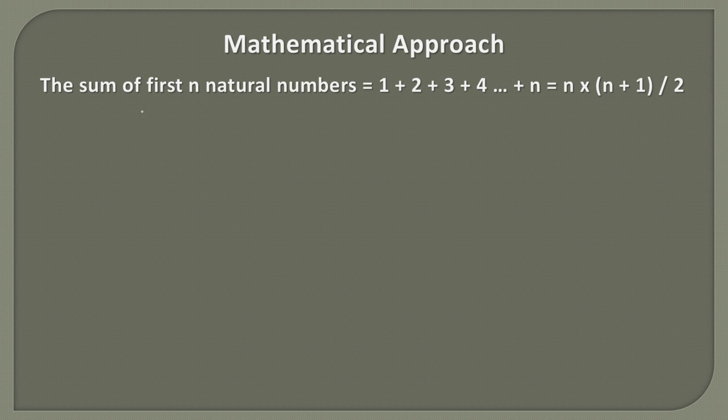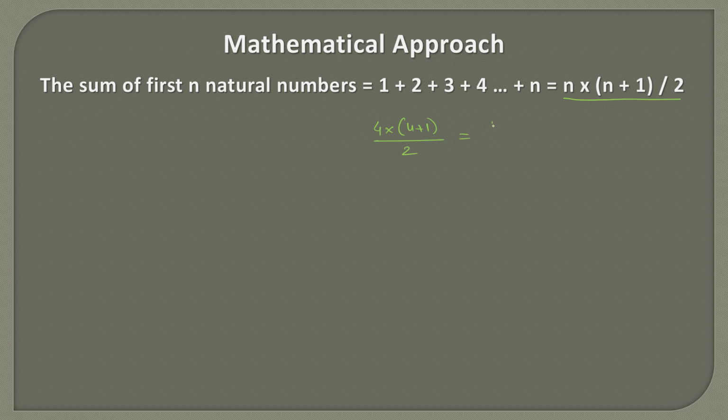So the mathematical formula is something like the sum of first n natural numbers, which is 1 plus 2 plus 3 plus 4 till n, is given by this formula that we simply do n into n plus 1 by 2. So for example, if we want to do sum of first 4 natural numbers, so we can do 4 into 4 plus 1 by 2.